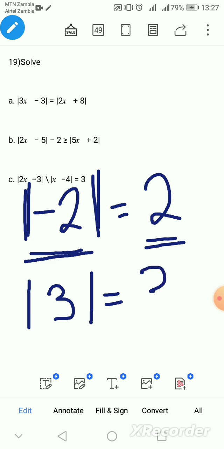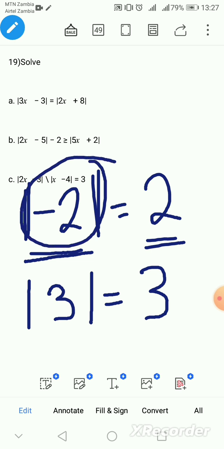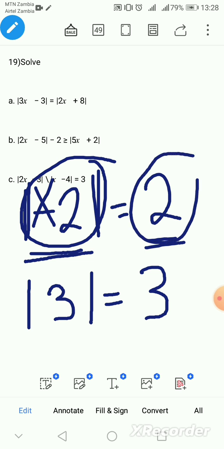Here, the answer is still +3. So in short, the main purpose of a modulus is to just cancel the negative. And that is what a modulus means. A modulus means that the outcome is always positive.